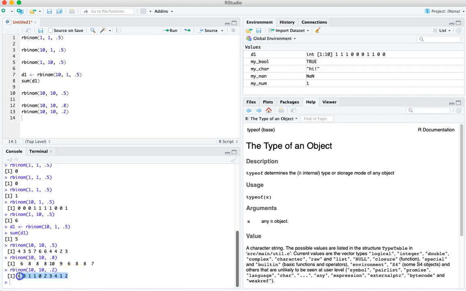And here we have much lower numbers than we had here or here. When our probability is 0.2, we're looking at numbers like 1, 3, 4, 2. When our probability is 0.8, we're looking at numbers like 8, 9, 7. And when it's 0.5, we're looking at 5, 7, 6, 4, right? So it's an easy way to quickly assign the variables.